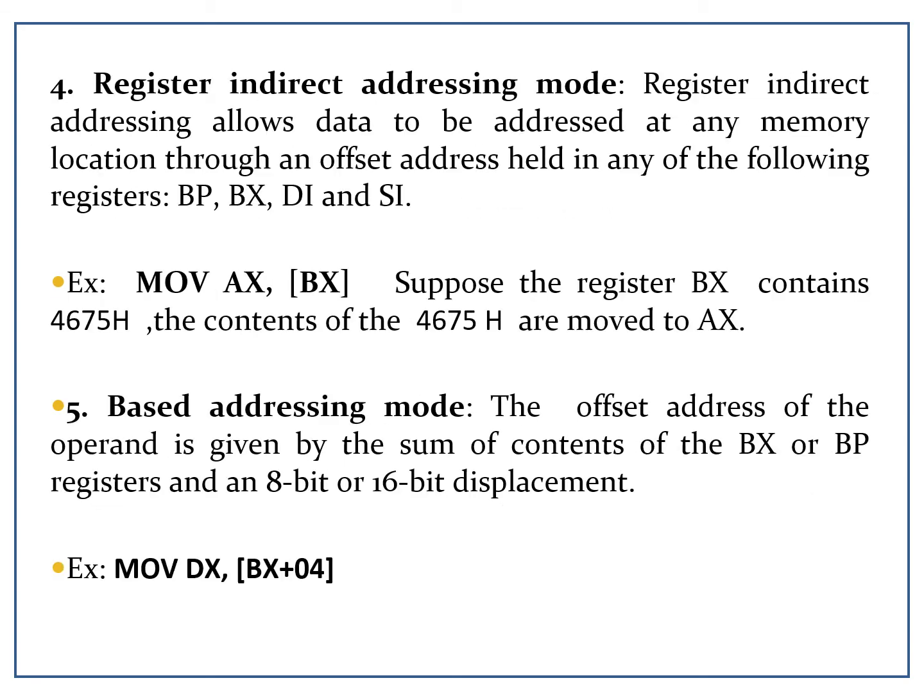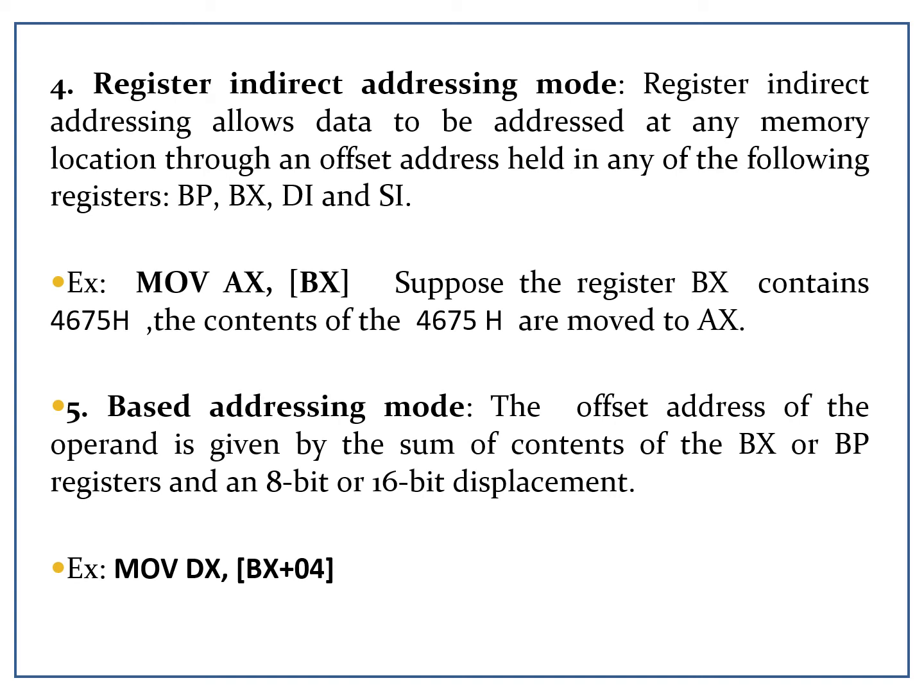Next addressing mode is register indirect addressing mode. In this mode, it allows data to be addressed at any memory location through an offset address. That means the register is given, and the memory location that the register value points to is moved to the AX register. Next is based addressing mode.